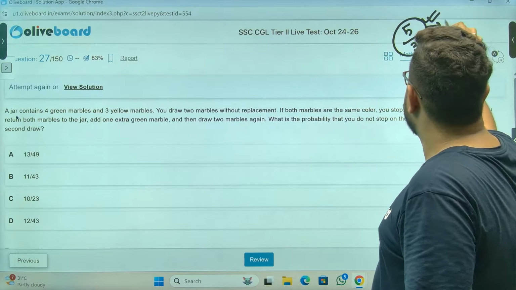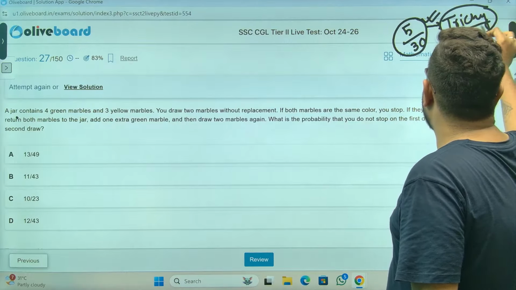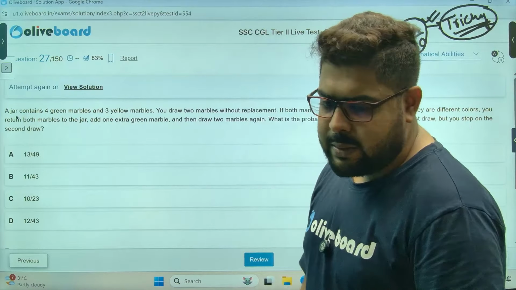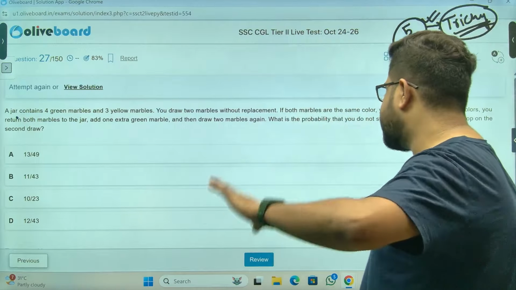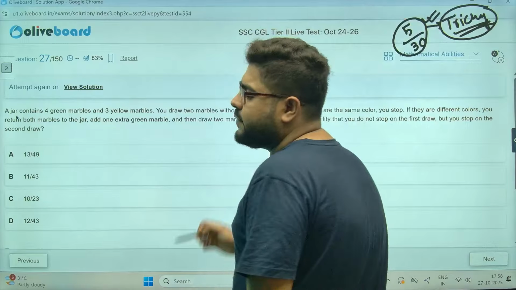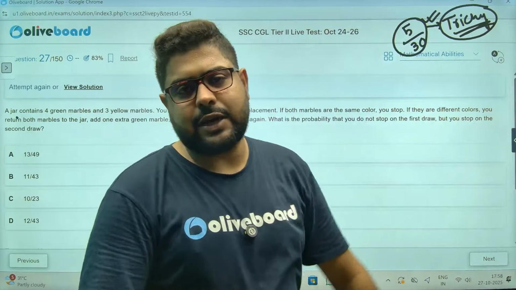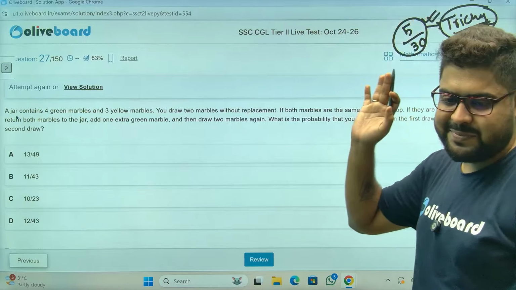Either it will be calculative, or it will be a little conceptually tricky. There will be something in it. The remaining 25 questions are doable, and your job is to find those 25 questions and solve them. Even if you don't do these 5, nothing much will happen. But at the end, you have to do a couple from here.